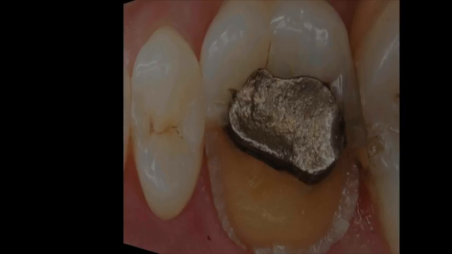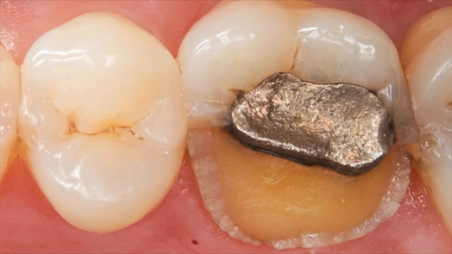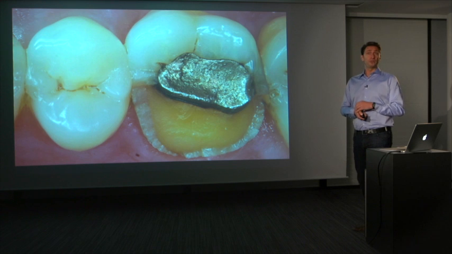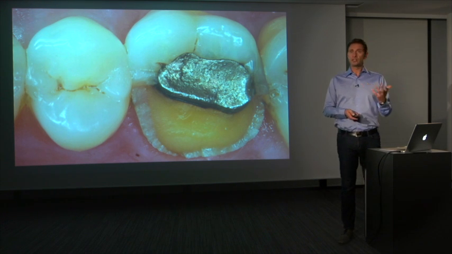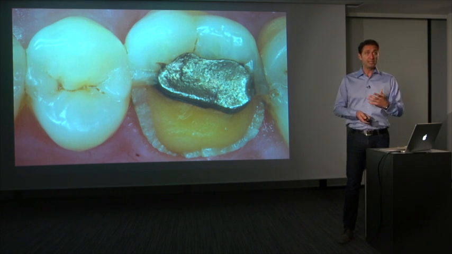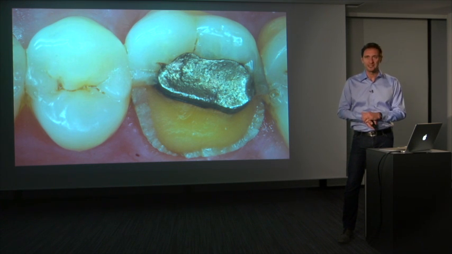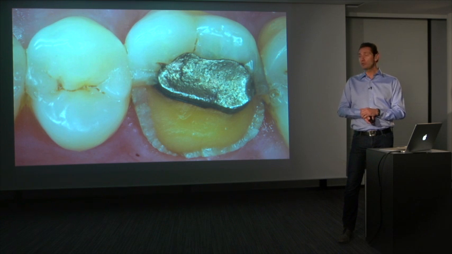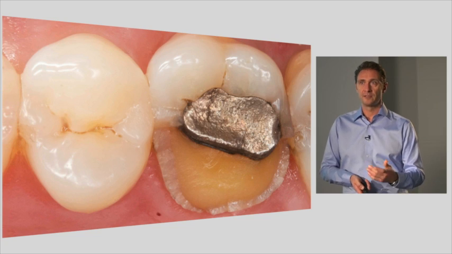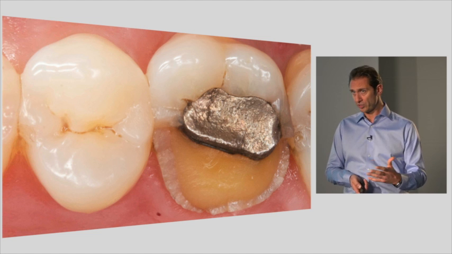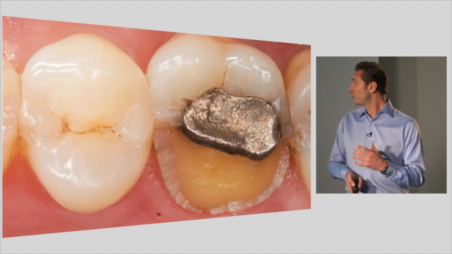So let's give another example where the failure is not as dramatic, but where you see that the restoration, for example, really lasts a long time. This restoration can last like 20 years. And we can be very proud of the restoration that is lasting for 20 years, but if the tooth fails after 20 years, the real value of the restoration is not as high as we would like it to be.